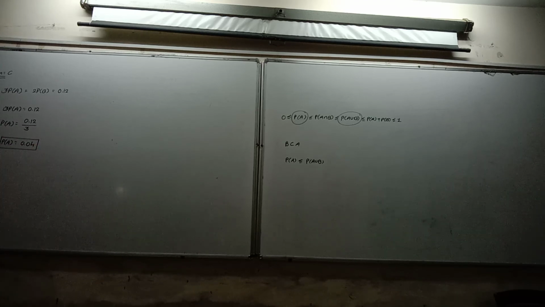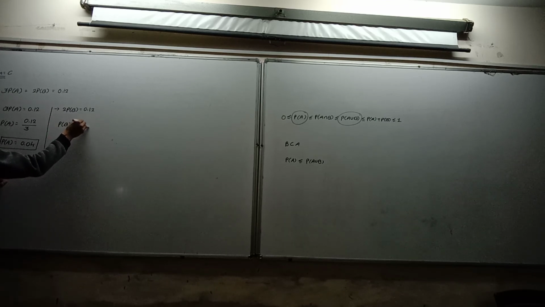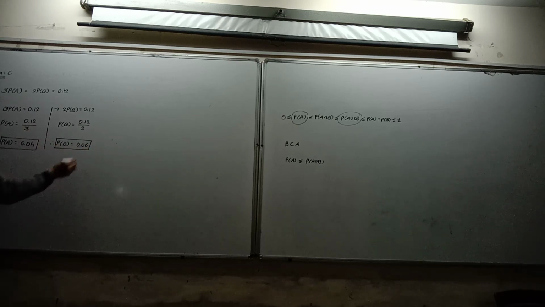Okay, now next first step covered. So 2P of B is equal to 0.12. 2 multiplication opposite side, denominator. P of B is equal to 0.12 upon 2. Therefore value of B is 0.06. Okay, now next find A intersection B.